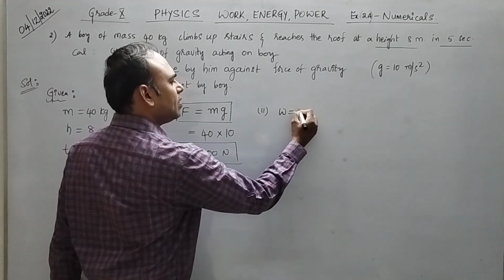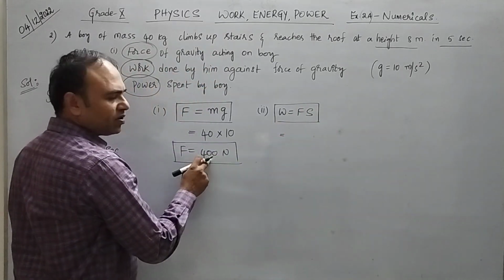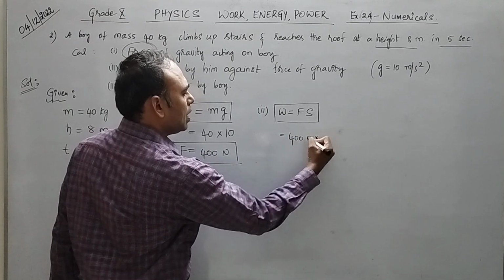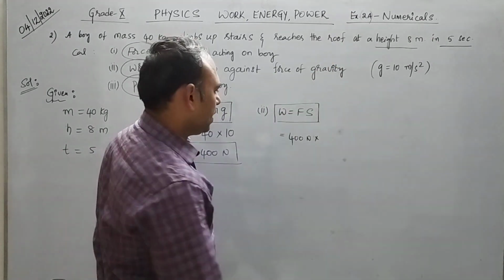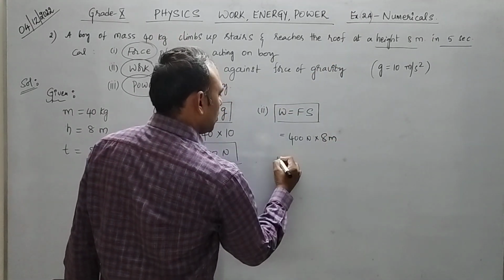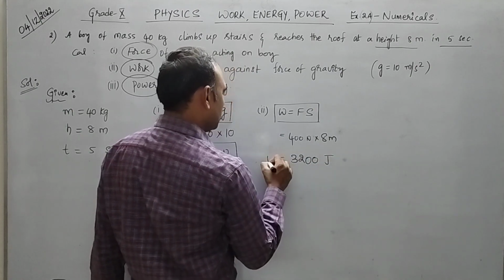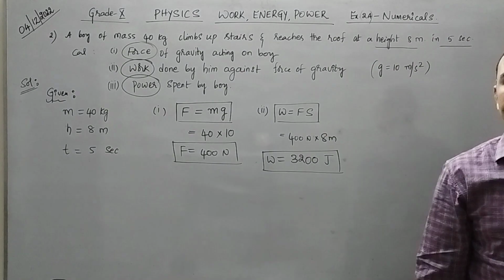You know, work done is equal to force into displacement. Force from the first one is 400 Newton into S, which is displacement, that is height, 8 meters. So 8 into 4, that is 3200 joule. So our work is 3200 joule. Hope you are able to calculate.